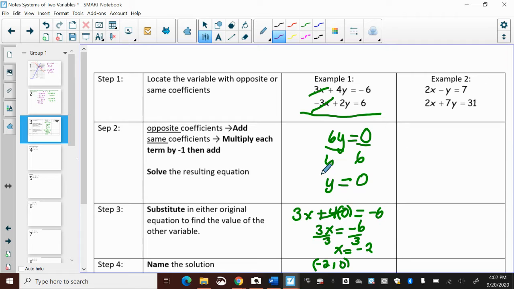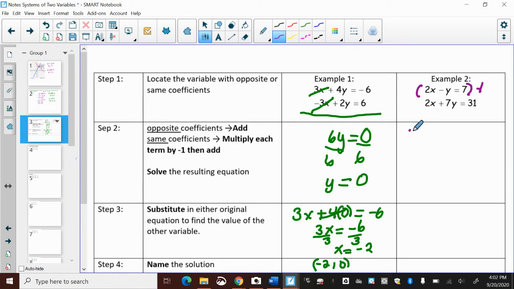Okay, so for this one here, I want these x terms to cancel out when I add them, which means one of them has to become negative. So the first thing I'm going to do is multiply this top equation through by negative 1. We're going to make sure we multiply it to each of the 3 terms in this equation. Basically, negative 1 is just going to change everyone's sign.